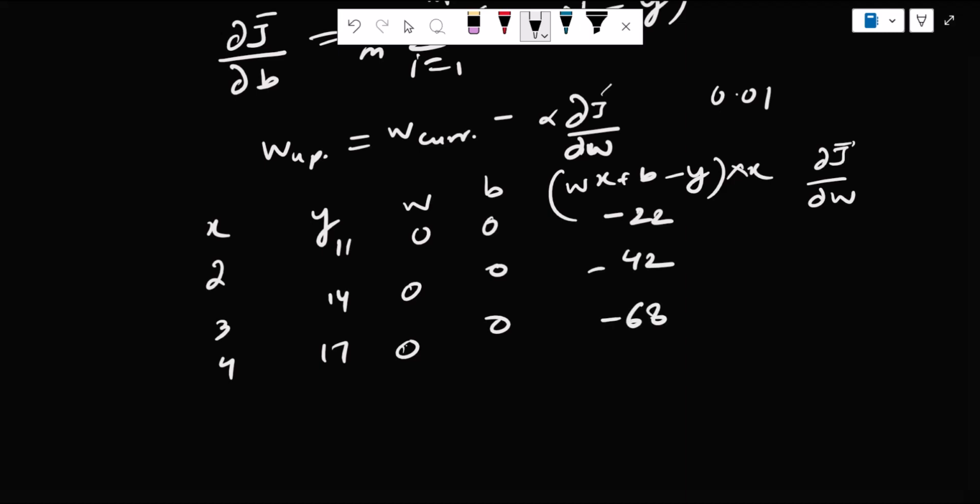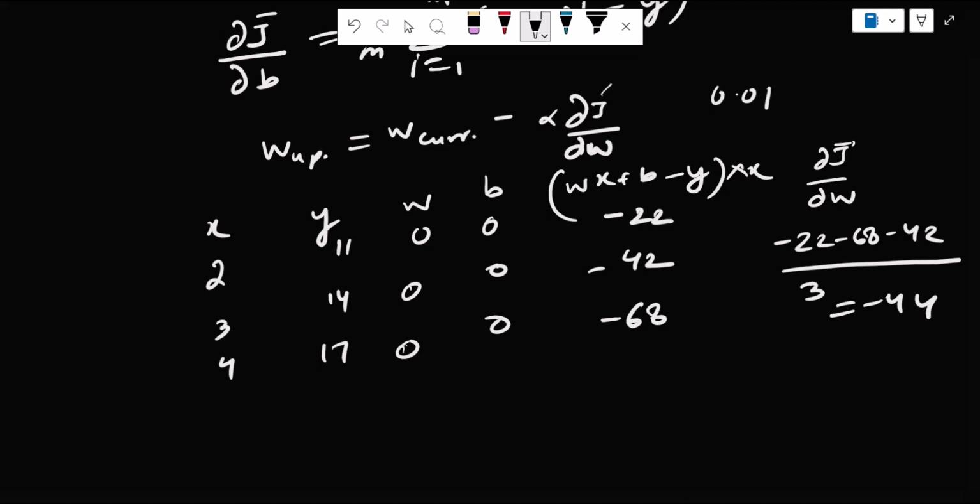If we calculate the sum of these values divided by the number of observations, we arrive at minus 44.